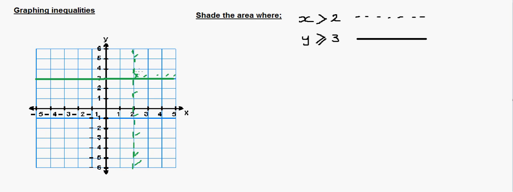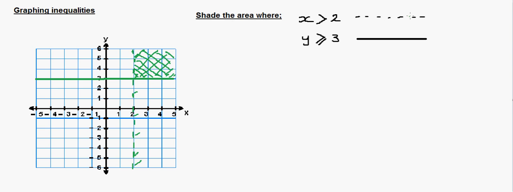So now I can just shade that in. You can cross-hatch it, you can colour it in, whatever works for you, as long as it's apparent to the examiner that this is the area you're concerned with. If it's less than or greater than, it's a dotted line.